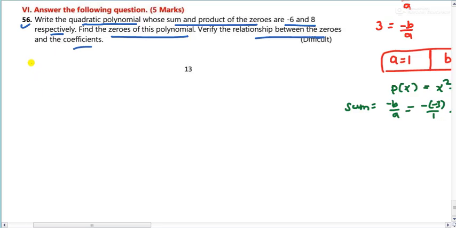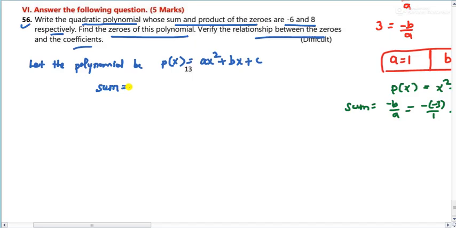So again, let the polynomial be p of x equal to ax square plus bx plus c. Now the sum they have given is minus 6 and the product is 8.